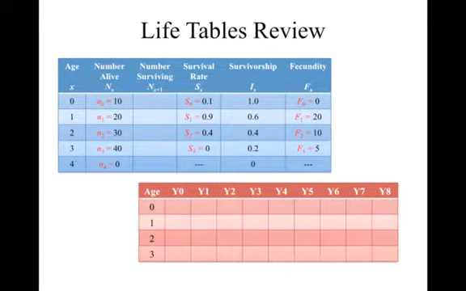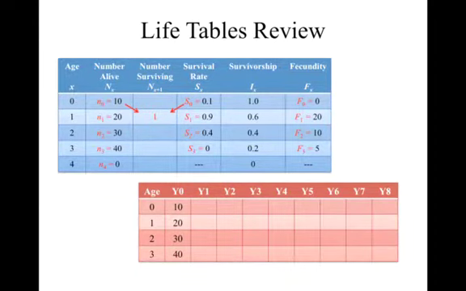If we want to know the number of age 1 individuals next year, we are going to look at the number of age 0 individuals this year and multiply that by the probability that those individuals survive until next year. In this particular example, I have 10 year 0 individuals. They have a 10% chance of survival.